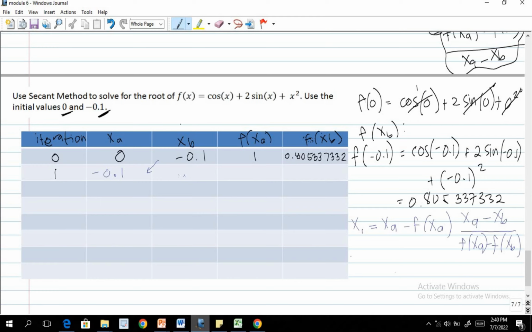So, paano natin ngayon masosolve yung xb dito sa may iteration 1? Again, we're going to use this equation. So, for the x1, that is equal to xa. Ang i-consider natin ngayon dito na xa tsaka xb ay yung galing kay iteration 0.